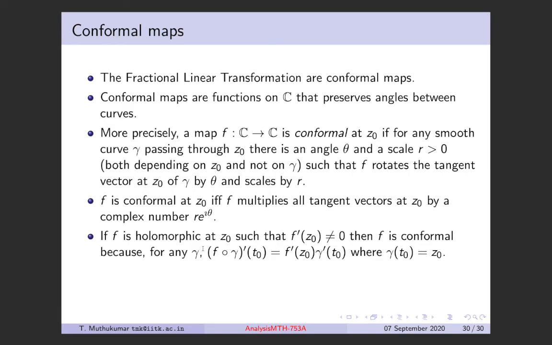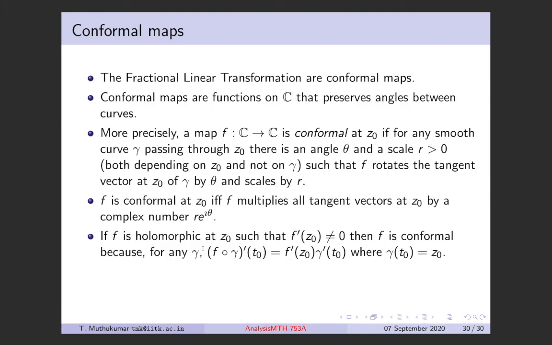There are lots of examples, like the one we saw, z going to z square, where I even mentioned that the horizontal and vertical lines were mapped to parabolas and the angle between them was preserved, right?